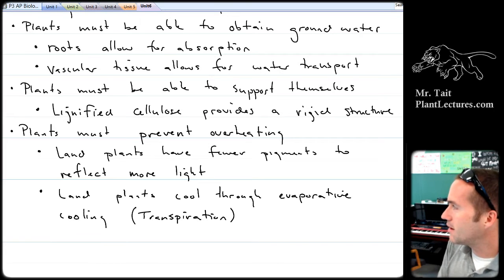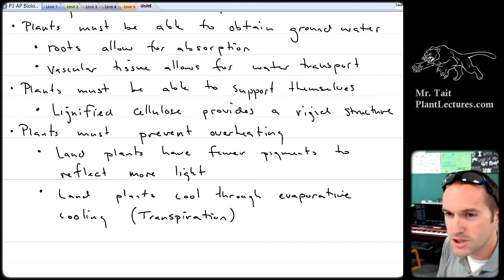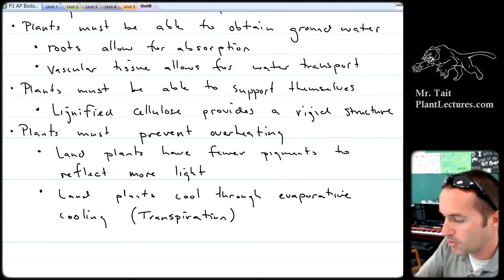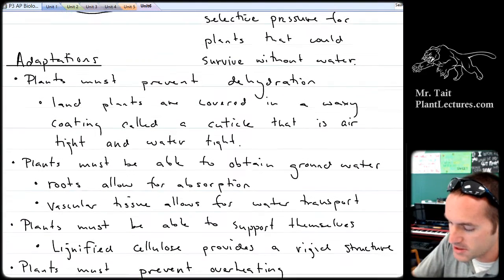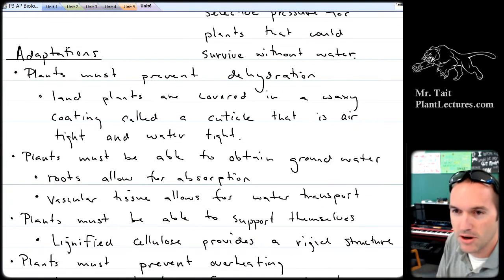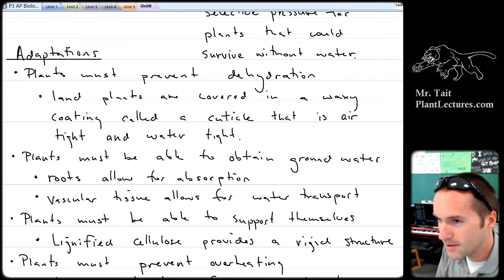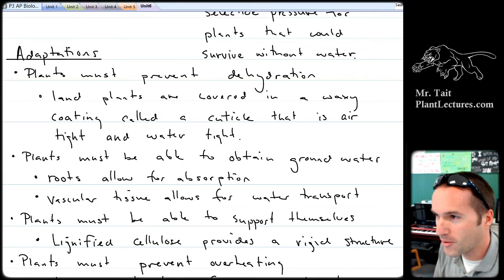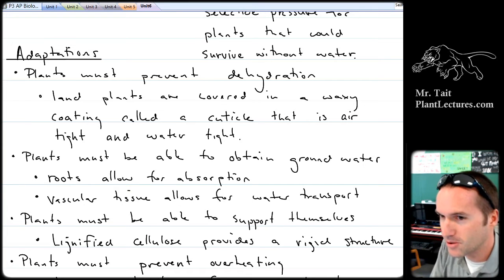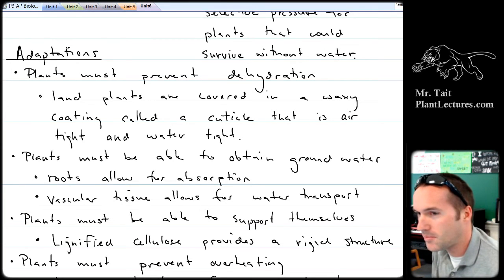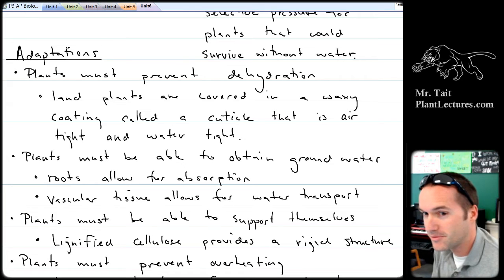We've got evaporative cooling, which is transpiration, so they have to be able to evaporate water away. But we said the very first adaptation was that they're covered in a waxy cuticle that's watertight. Right? Anybody remember from Unit 2 how they can balance this watertight waxy cuticle with being able to have water evaporate? Opening and closing of stomata. They've got those stomata, the tiny mouths, right?